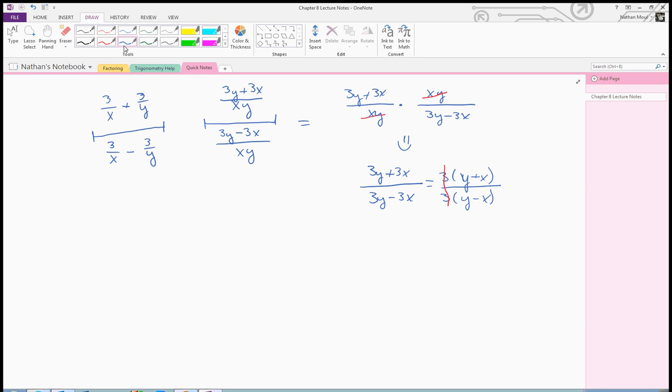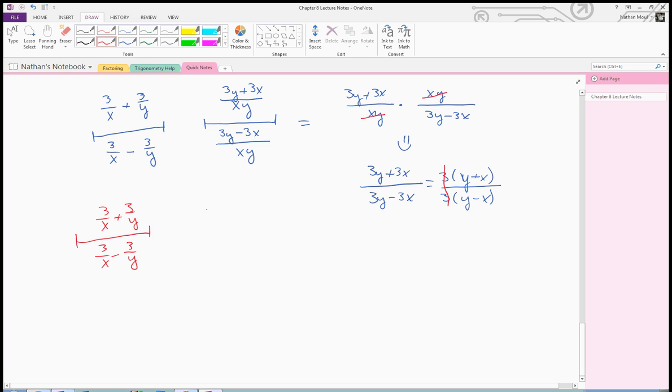Now, the second way of doing these, and let me change colors here drastically to show you, is if we had the same thing, 3 over x plus 3 over y all over 3 over x minus 3 over y. It states that we take these denominators, no matter what they are.